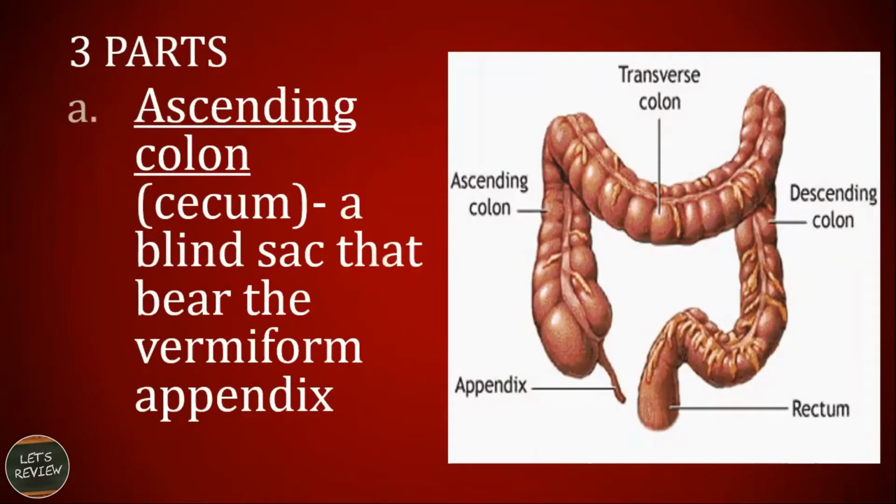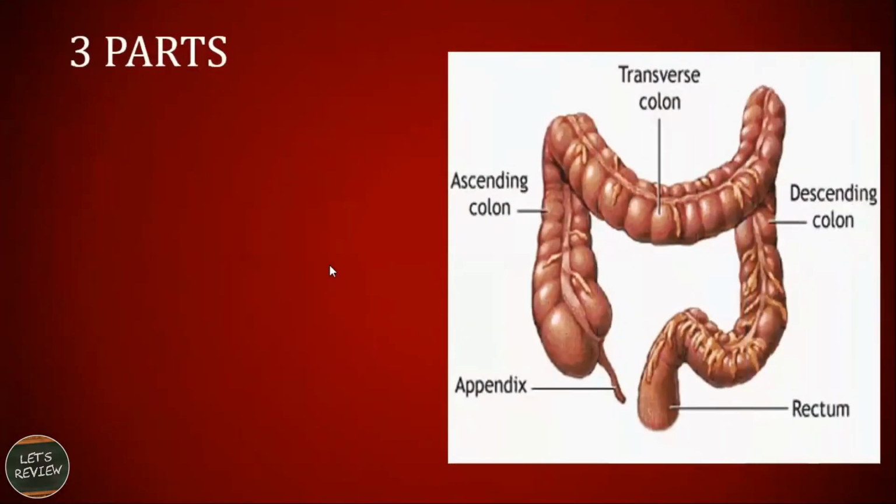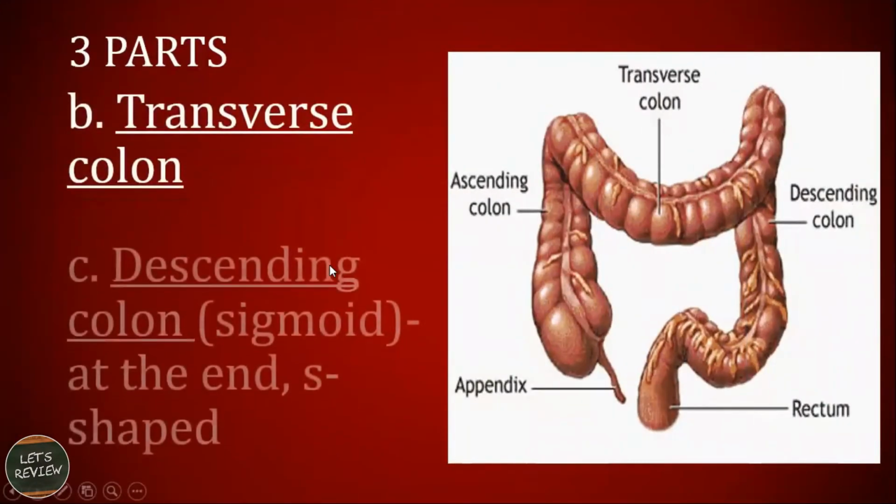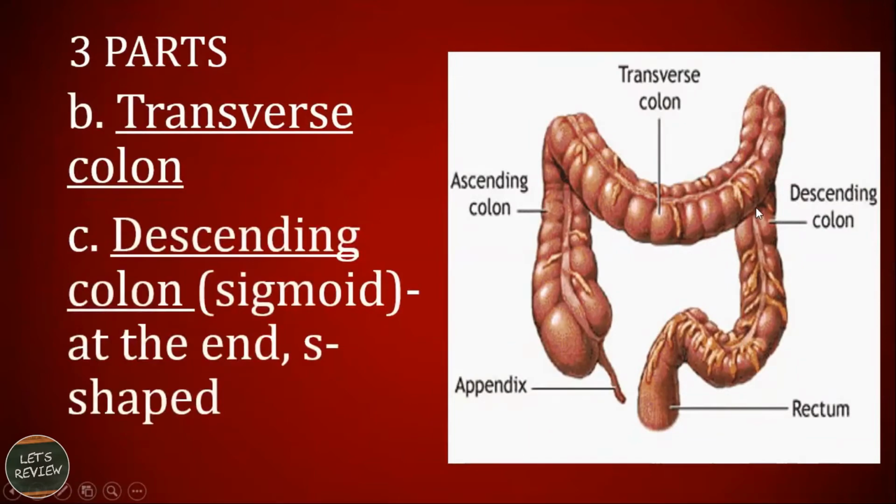It is composed of three parts: number one, the ascending colon or the cecum, a blind sac that bears the vermiform appendix, followed by the transverse colon, and lastly, the descending colon or the sigmoid at the end, which is S-shaped.